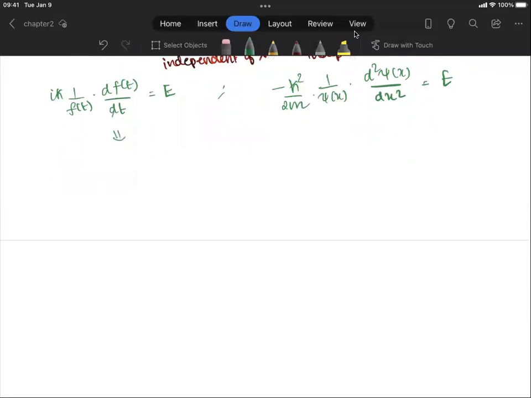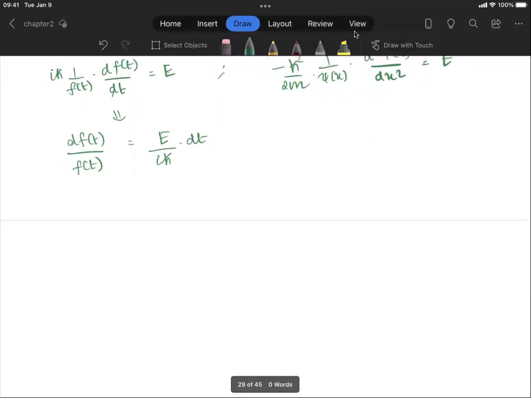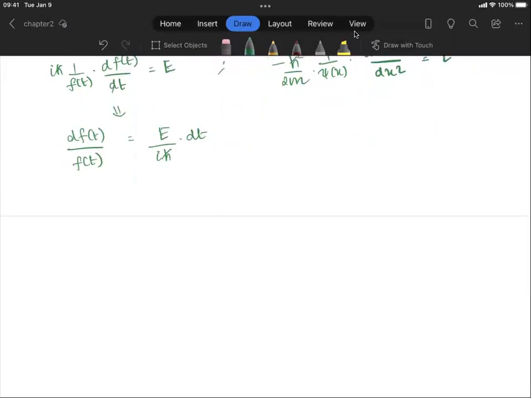So if we were to solve this, we can write this equation in terms of this.